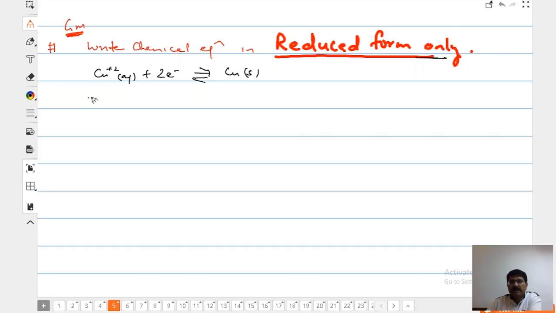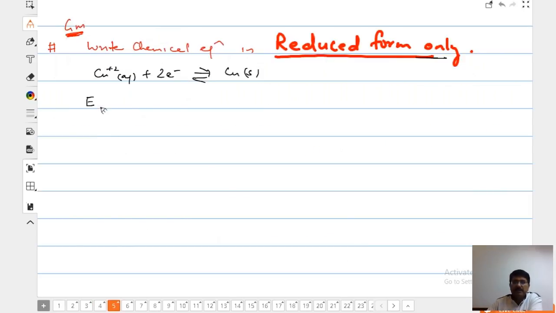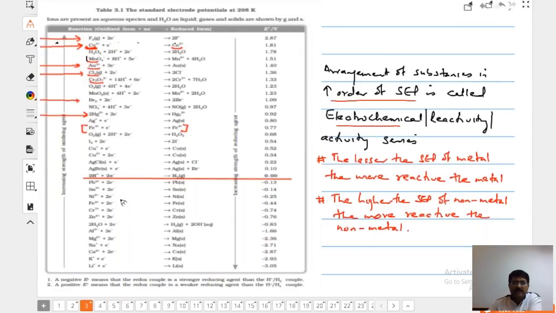So, how are you going to write it? Just see, I'm writing the same equation which you have written here. It is E copper plus 2 oblique copper, is equal to E naught copper plus 2 copper. What is this? It will come from the electrochemical series.